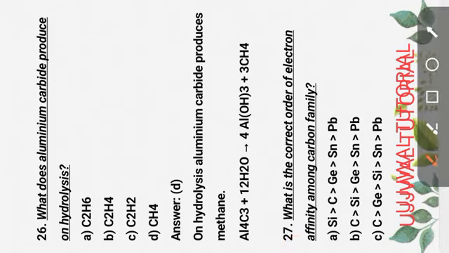On hydrolysis, aluminium carbide produces methane. The chemical equation is Al4C3 plus 12H2O forms 4 molecules of aluminium hydroxide, 4Al(OH)3, and 3 molecules of methane, 3CH4.